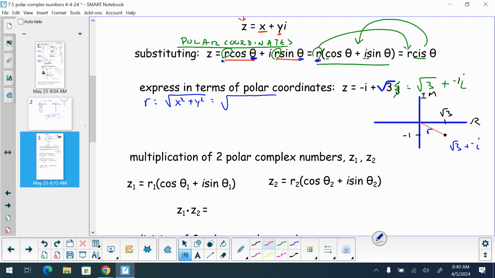So we have the square root of 3 squared plus -1 squared, which gives us square root of 3 plus 1, or square root of 4, or 2. This is our r value here.